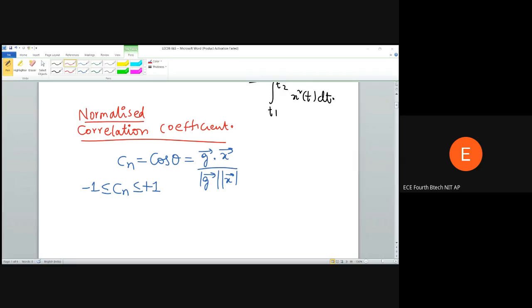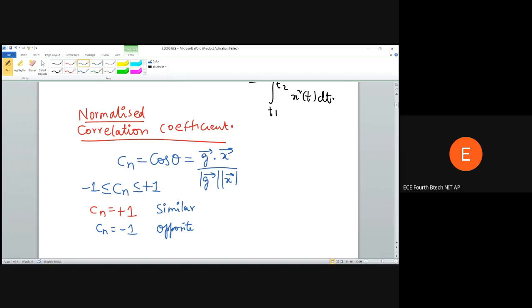Yeah, Aditya Mehta. So now when Cn is equal to +1, the two vectors are similar, and when Cn is equal to -1, they are dissimilar, exactly opposite.